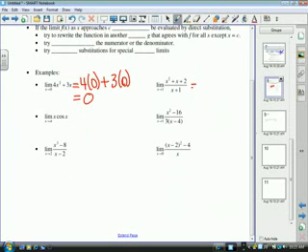Alright, take this one here. If I substitute 1 in, and I substitute 1 in, 4 over 2 is 2. Done, right?